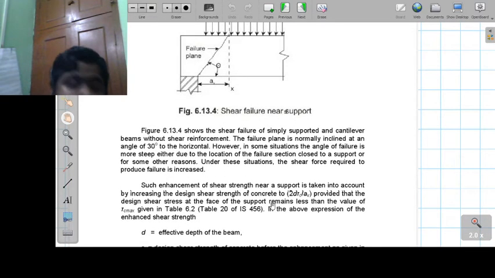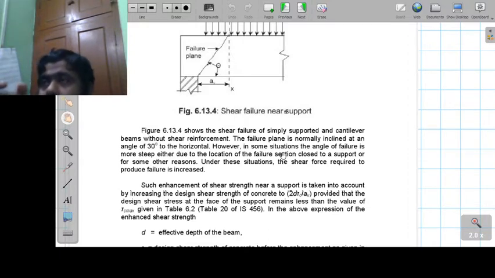But in clause number 40.5.3 they have given a simplified approach rather than going into detail. At this level the simplified approach on how to enhance the shear strength will be enough, since we are not familiar with shear earlier.